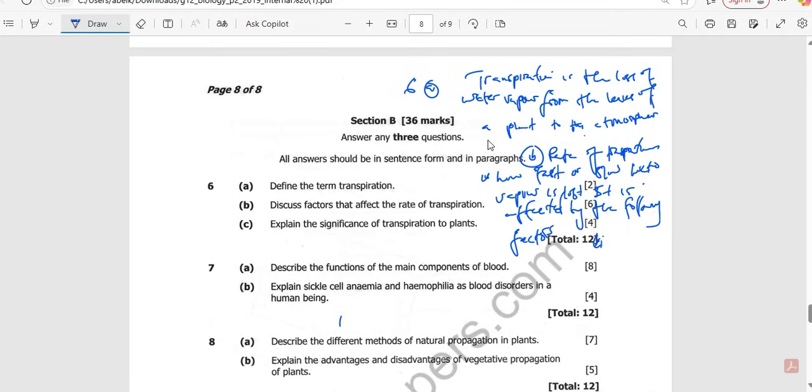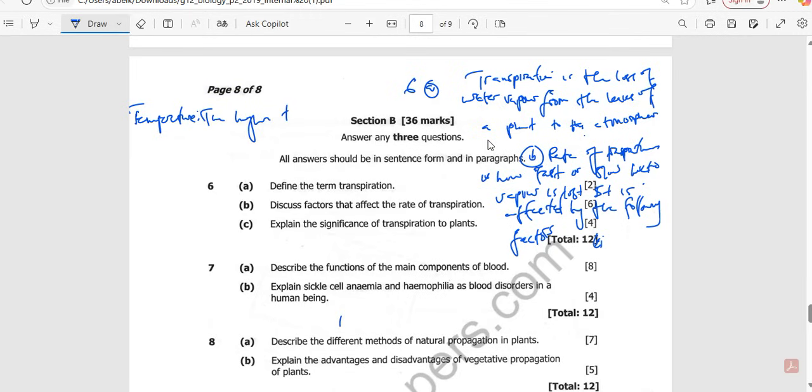So the factors, number one, the common factor which you can't forget, is temperature. What I've done is that I've stated the term temperature. Now my question is saying discuss, so I'll discuss temperature now.